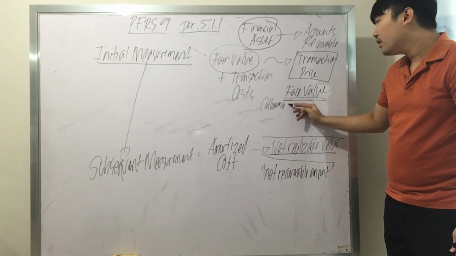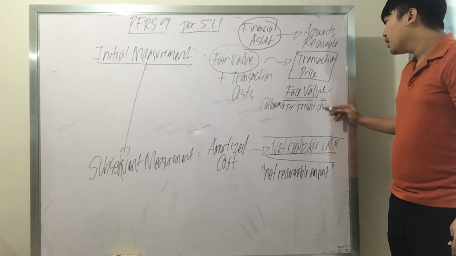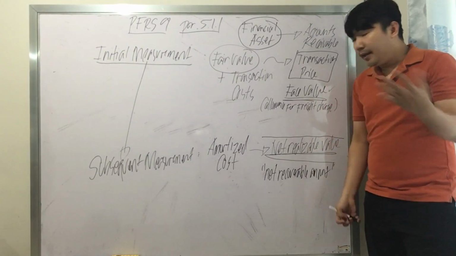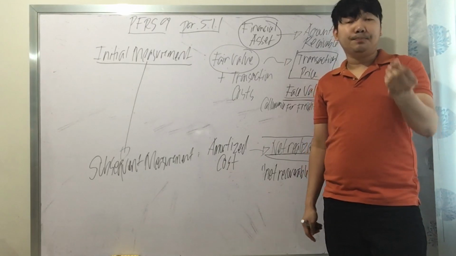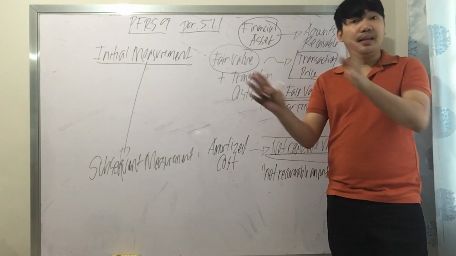Allowance for freight charges. Okay? So, ano nga ba itong allowance for freight charge? Actually, na-mention na itong freight charge na ito sa inyo sa learning material mo regarding the concept of the inventory.